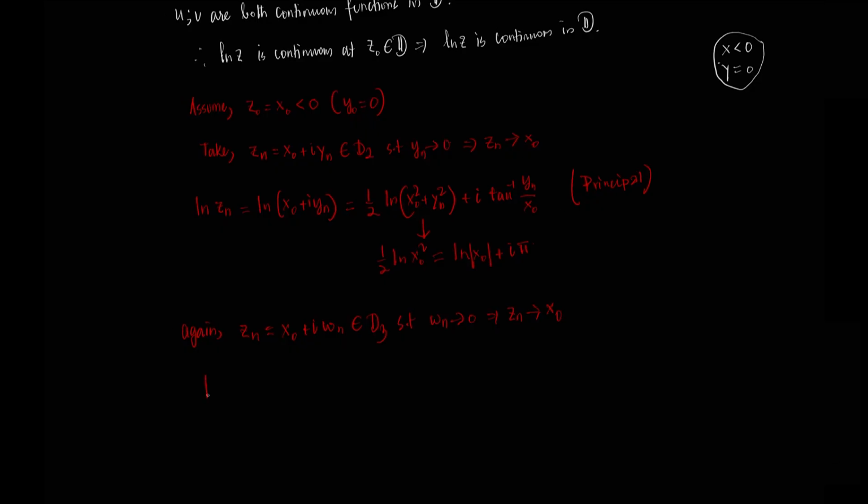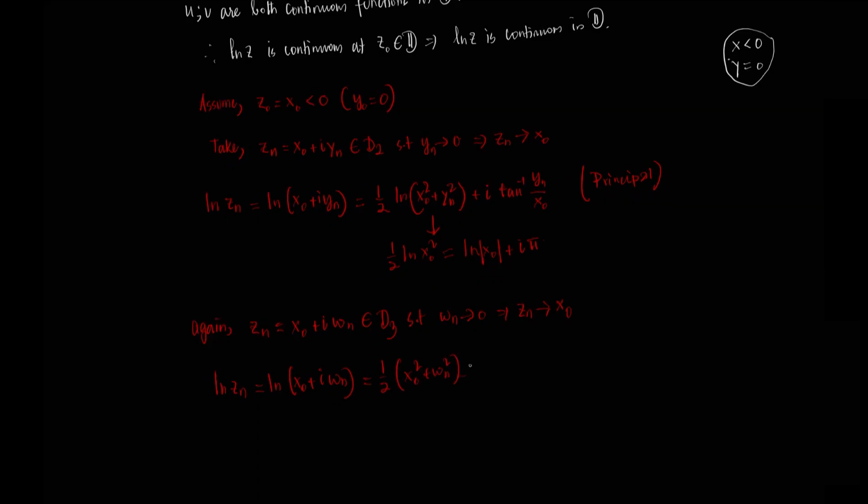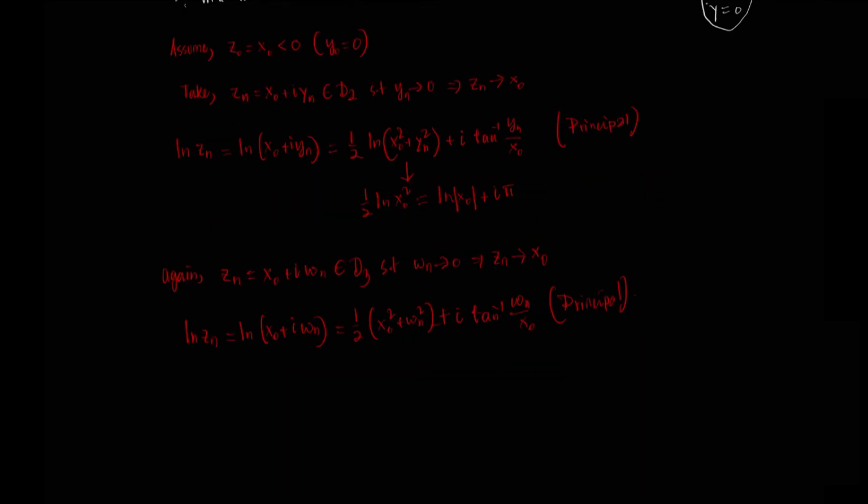So log of Zn is nothing but log of x naught plus i Wn. This is nothing but half log of x naught square plus Wn square, plus i times tan inverse of Wn by x naught. Again I am taking just the principal value. So x naught is on the negative axis, and this Wn is also negative in this case, right?